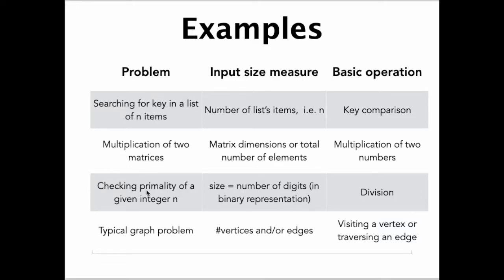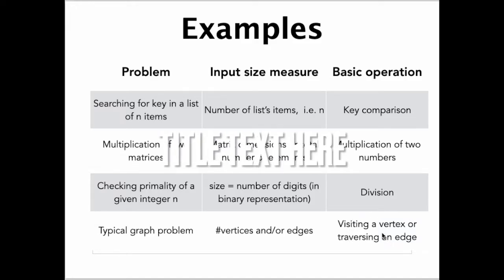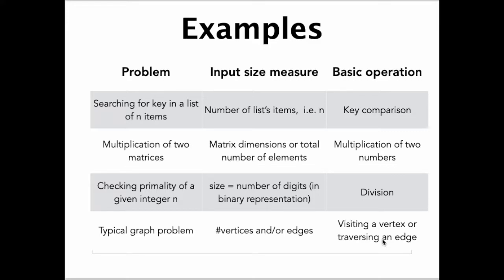For primality checking, or checking if a given integer n is prime or not, the input size here is the number of digits in the binary representation, and the basic operation is division. And for a typical graph problem, the input size usually is the total number of vertices or edges, and the basic operation is visiting a vertex or traversing an edge.